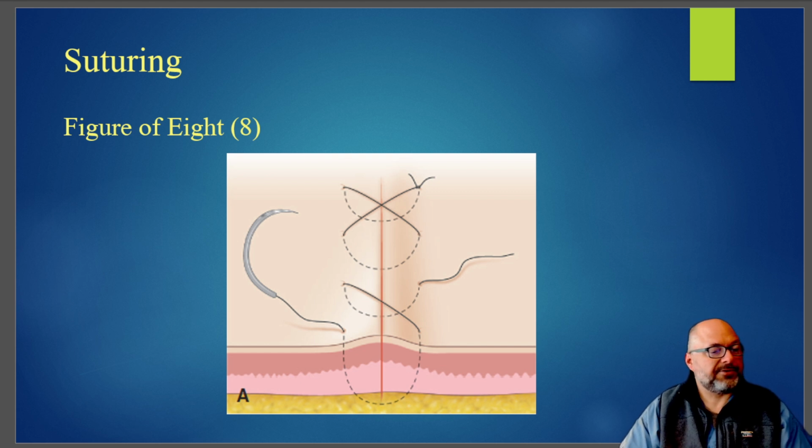All right, so let's talk about a figure of 8 suture. We use this as a hemostatic suture. One of the things we'll talk about in the video is that if you have a point of bleeding, you want to get good compression all around that. You can take one bite up here and then travel down, take another bite here, and then tie it like this.